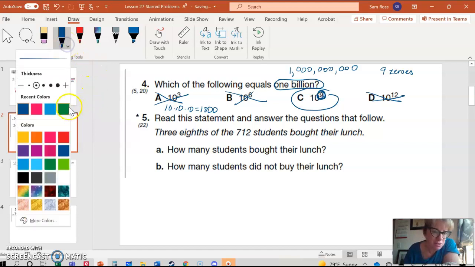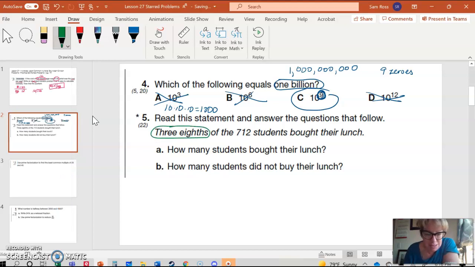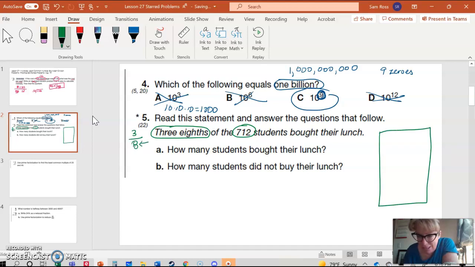Let's change colors. It says, read this statement and answer the questions as follows. 3/8 of the 712 students brought their lunch. So I know that I need a box with 8 because this is 3/8, and this tells me how many boxes I need. 1, 2, 3, 4, 5, 6, 7, 8.